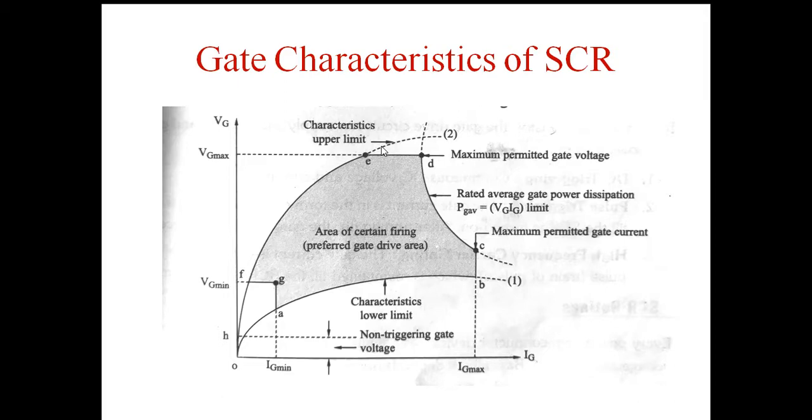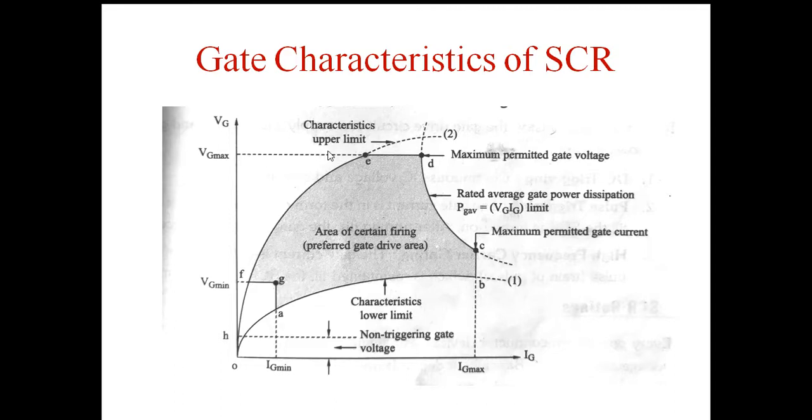The temperature will be changing, so accordingly the current flowing through the device will change according to operating conditions. So this is the lower limit and this is the upper limit, and the different points A, B, C, D, E, F, G, H, A will further represent the operating area of the SCR.